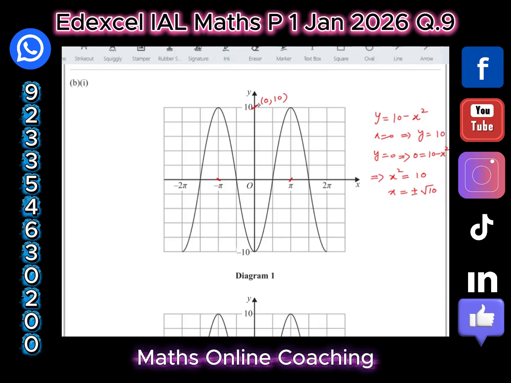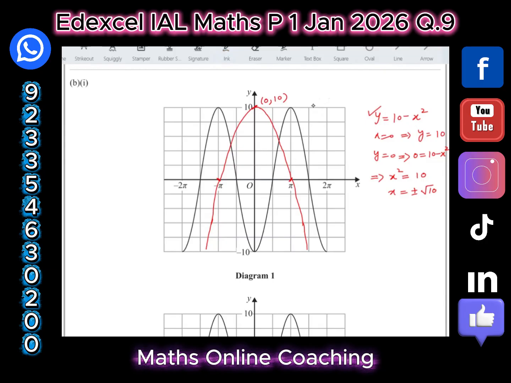Now draw the curve here. Similarly on the right side. This is the graph of the function y is equal to 10 minus x square, a quadratic function that faces down and passes through 0, 10.